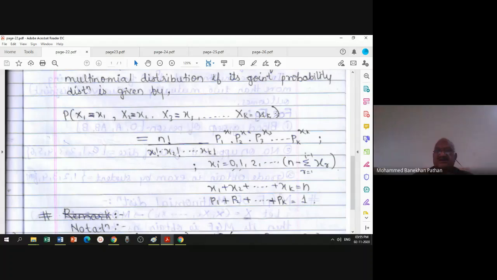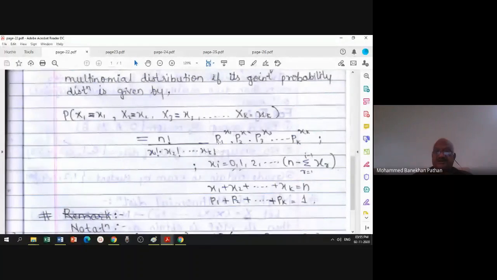So this is a multivariate function. What I taught about NBD is a univariate function, only one variable. But for multinomial, we have k variables under study. So the function is defined as n factorial, where n stands for the number of repetitions of the experiment. N factorial divided by x1 factorial, x2 factorial, up to xk factorial.